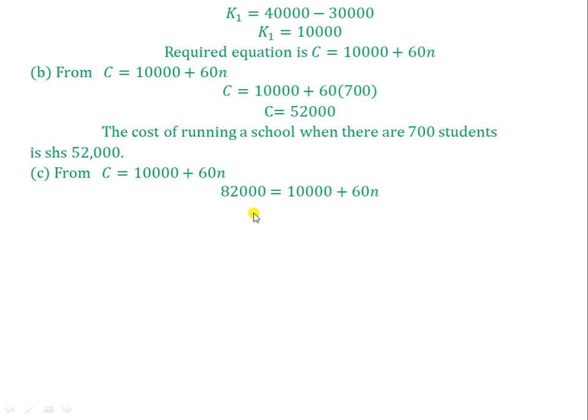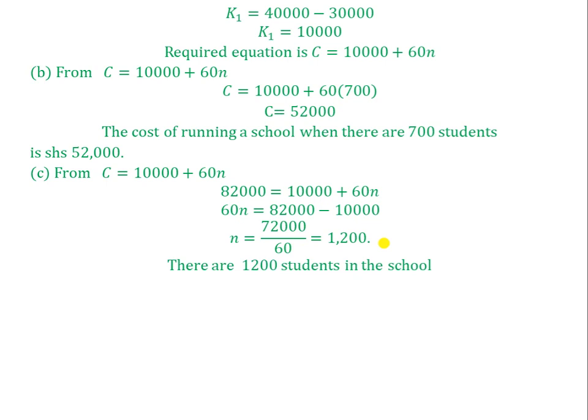Then here we take the 10,000 to the other side, then finally we divide by 60 to get the value of N. So 60N is equals to 82,000 minus 10,000, which gives us 72,000. If you divide by 60 on both sides, you will come up with 1,200. So from that point, we can now make a conclusion. So there are 1,200 students in the school, if at all the cost was the 82,000 shillings that they talked about.